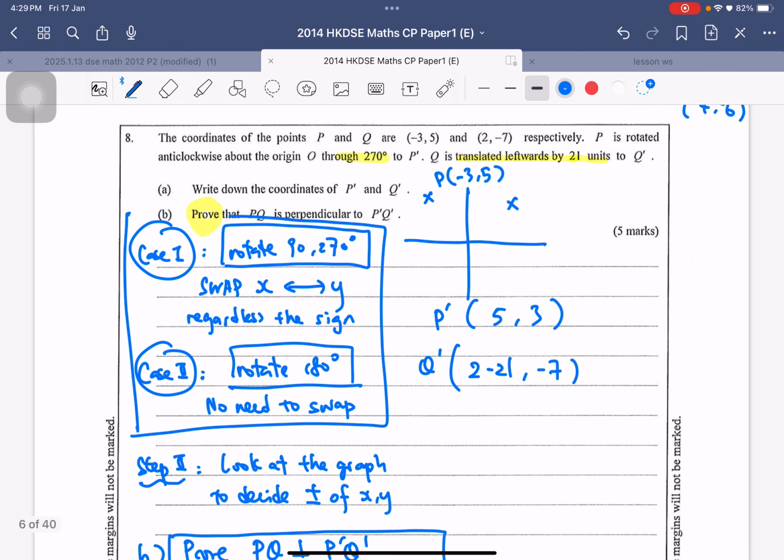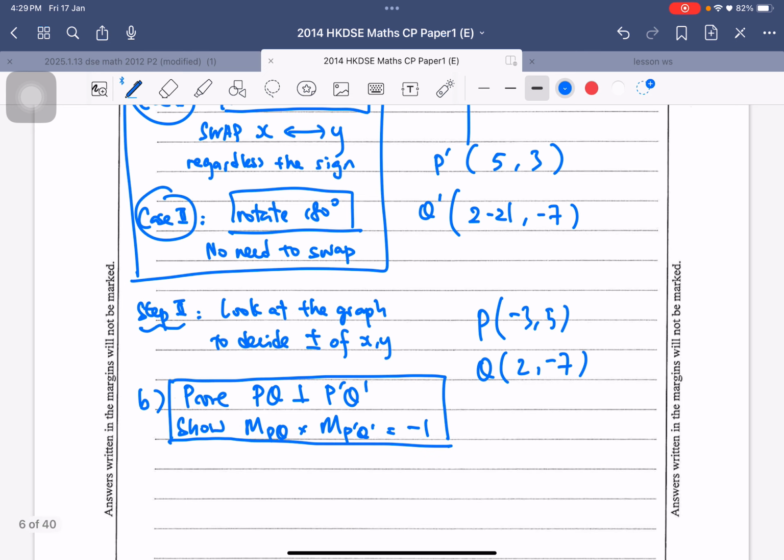We have the point P is (-3, 5), point Q is (2, -7). So the first step is to consider the slope of PQ. You can just write M because M is the symbol for slope.